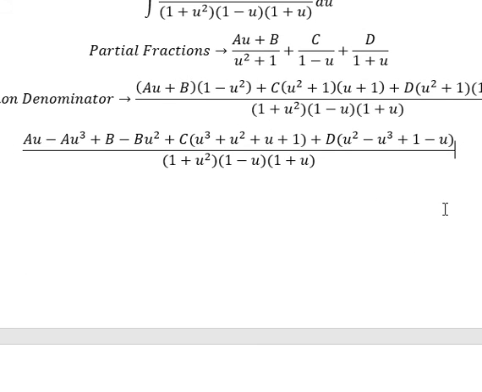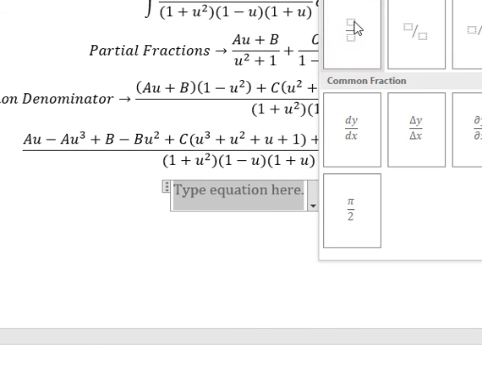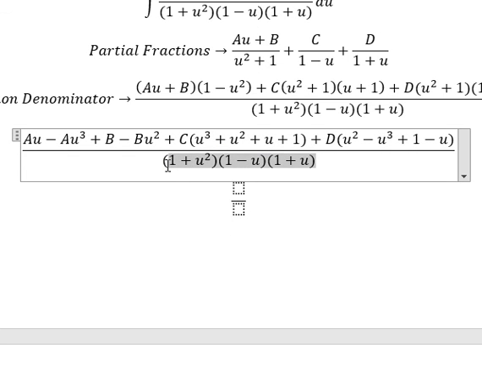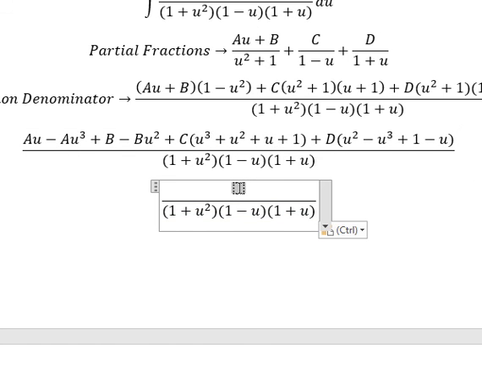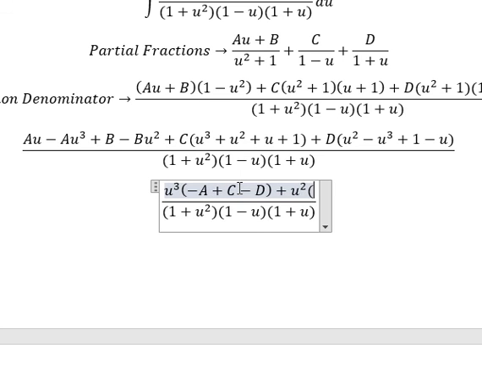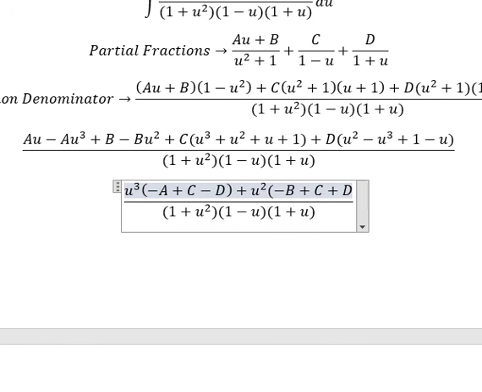Now we need to arrange based on the term of u. For u to the power of 3, we have negative a plus c minus d. For u squared, we have negative b plus c plus d.